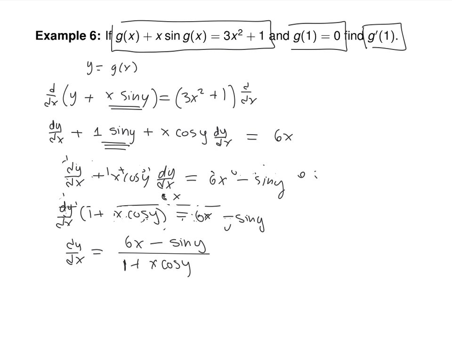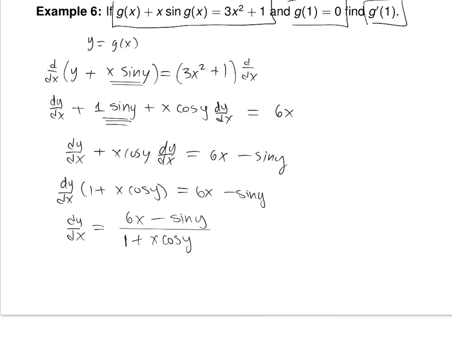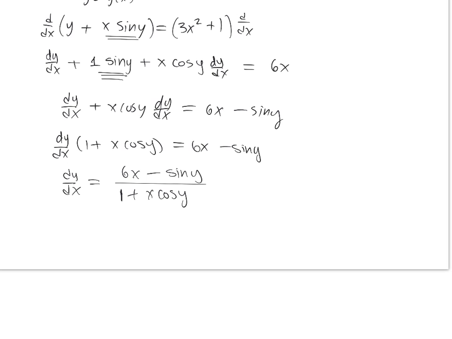Okay. And I'm just going to do one thing. This is g prime of x equals 6x minus sine g of x over 1 plus x cosine g of x. Do you see what I did there?